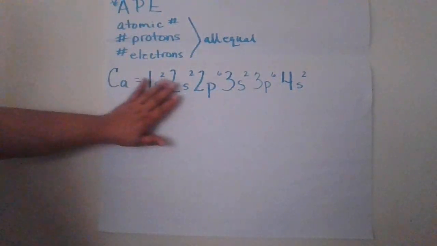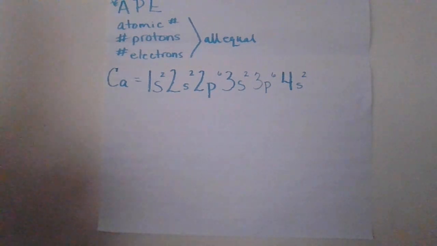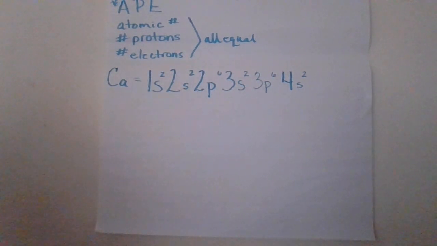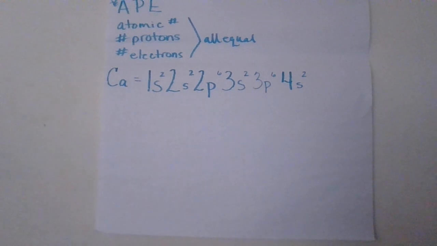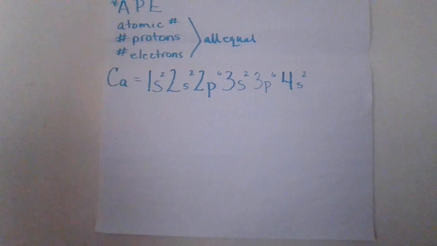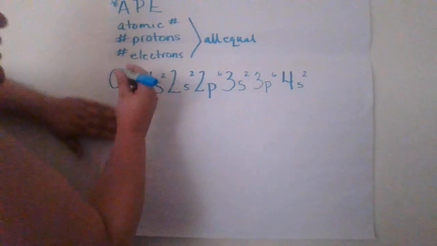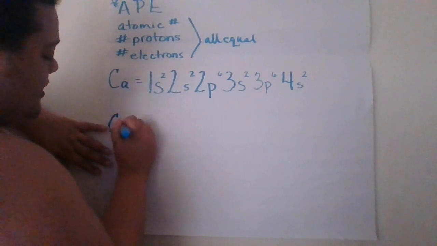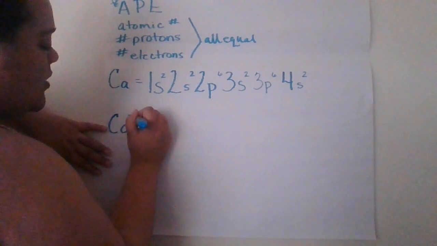So this is what you would write for the base configuration for calcium. But there are times in which we are working with certain elements and we see charges. Or, as we have heard of ions, where they have lost or gained some type of electron. So in this case, a lot of times you see the cation Ca2+.